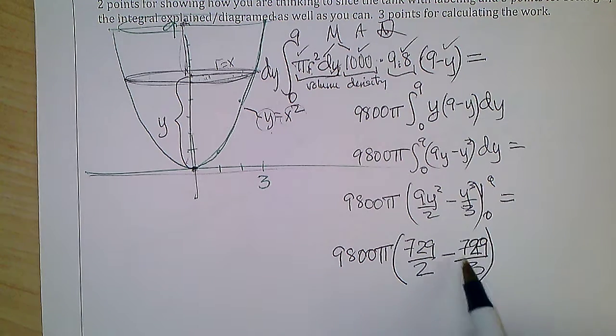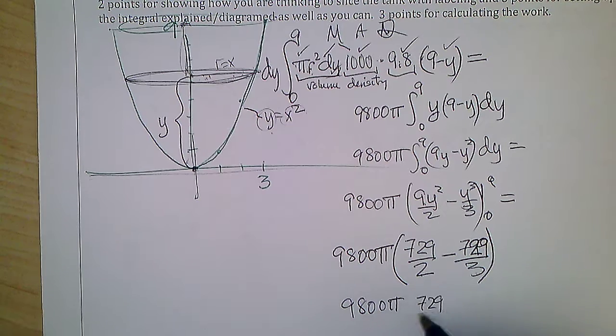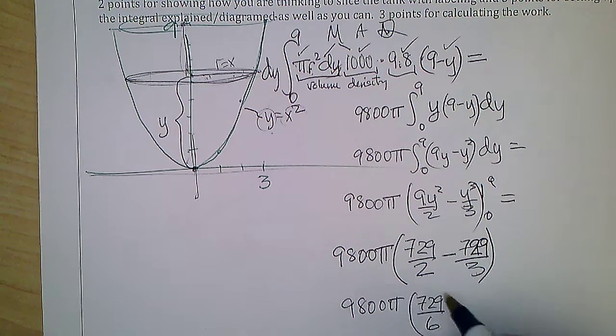A half of it minus a third of it is a sixth of it. So it's 9800 pi times 729 over 6.